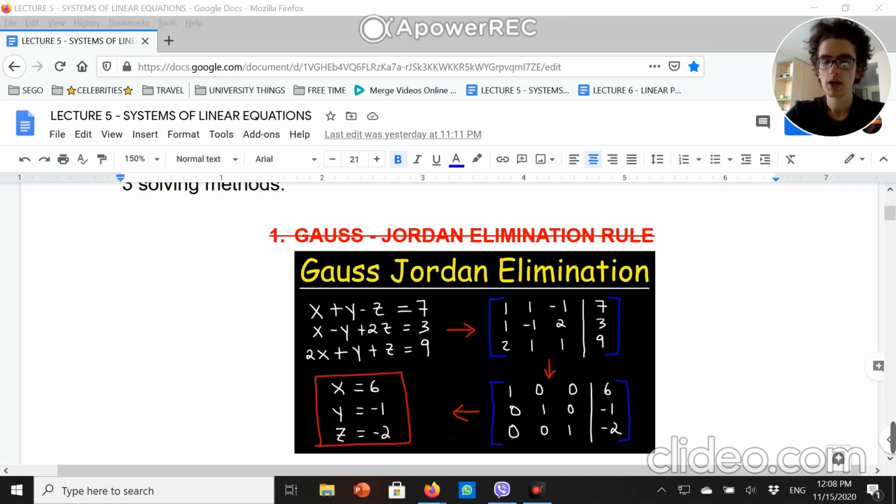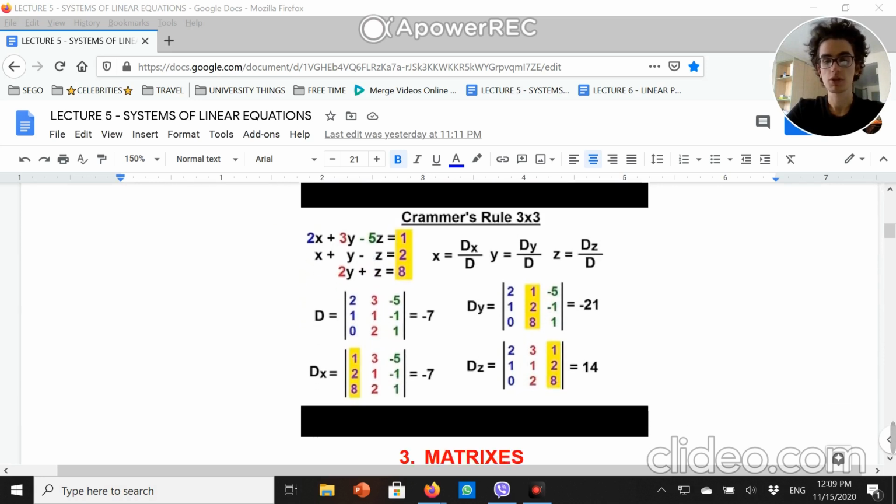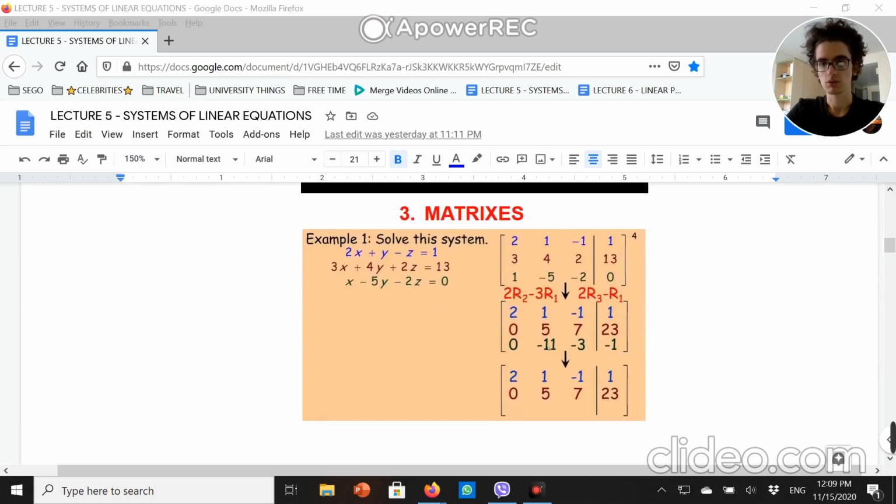The other reason is that I find this rule the hardest one and the one where people can make the most mistakes. So Gauss-Jordan elimination rule is the rule that I never ever use, so I will not talk about it in this video, but I will talk about Cramer's rule, which is really easy, and the matrix rule, which is also really easy.